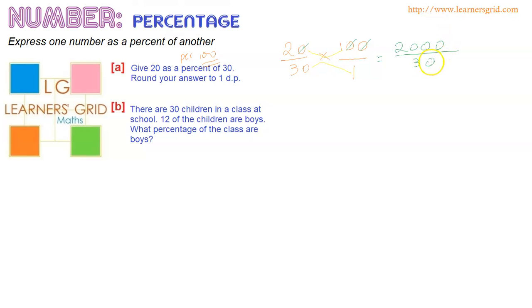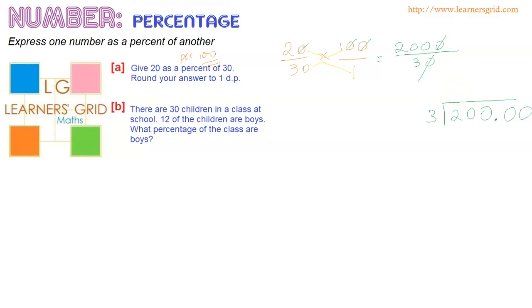So 30 divided by 10 is 3. 2,000 divided by 10 is 200. And now the question becomes 200 divided by 3. So I can go like that. So 200 divided by 3. It might involve some decimals, so I'll put a decimal point and add a couple more zeros, just in case I need them.